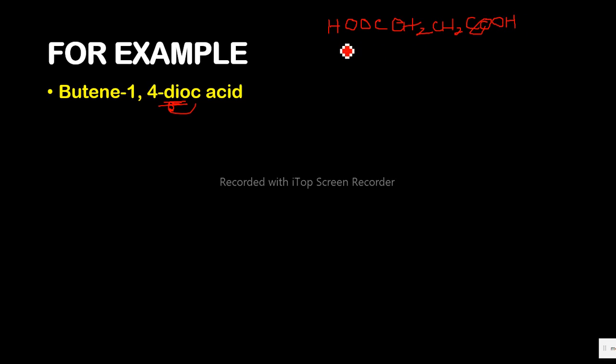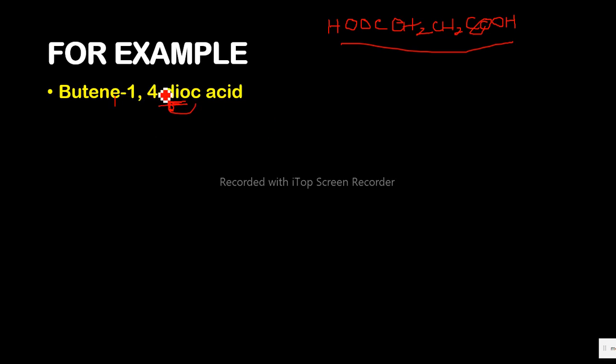So this is butane-1,4-dioic acid. Now, why butane? The vowel-consonant rule is followed, otherwise it would be butanoic acid or butane and so on.